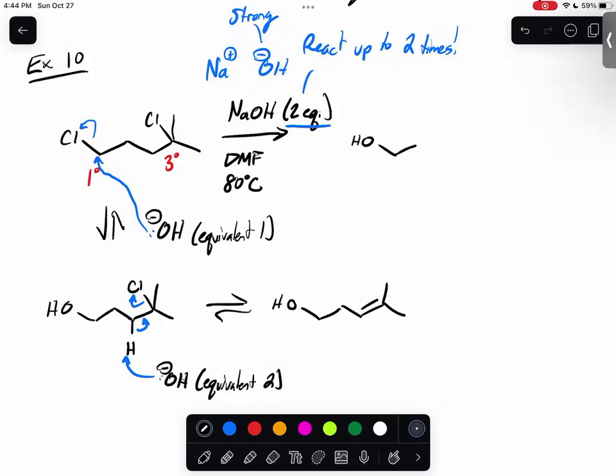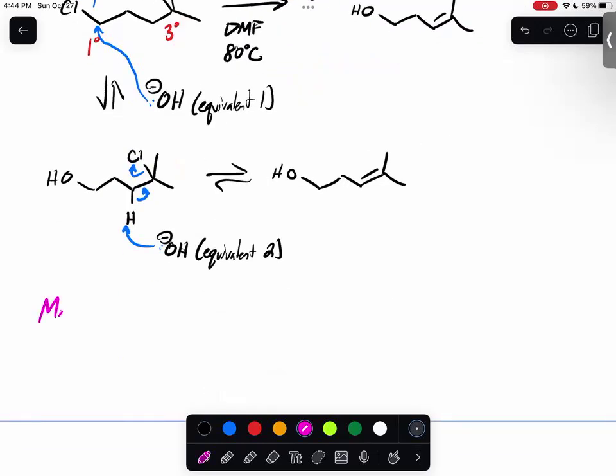Okay? So the moral of the story is more equivalents is more possible reactions. All right. So if you see multiple equivalents, just keep in mind that it could be doing more than one thing.